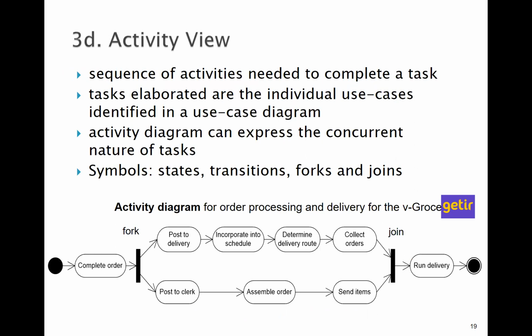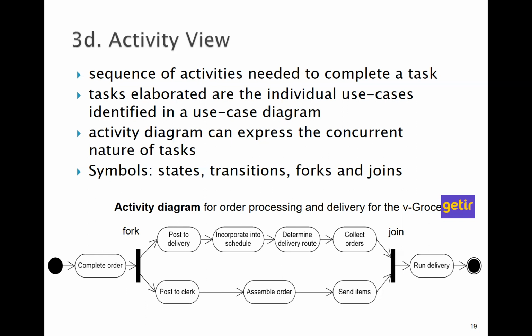It's somehow related to use case diagram because tasks elaborated are individual use cases that can be identified in a use case diagram. Activity diagram can express the concurrent nature of task.